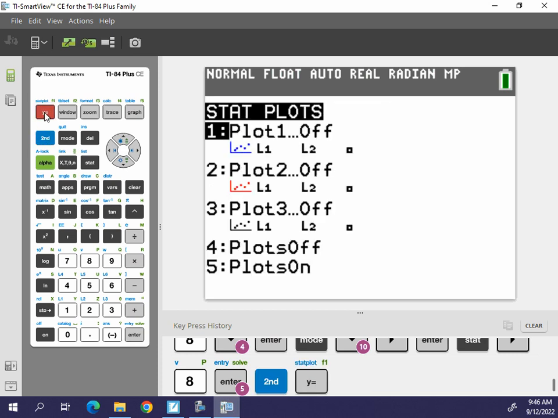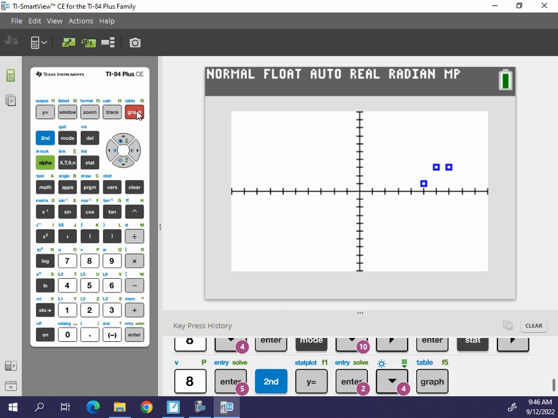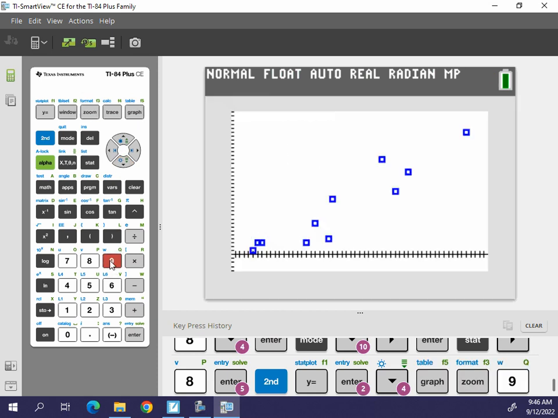So if I hit second y equals, and I turn my first plot on, and I choose this first option, the dots, and I keep my L1 and L2, and then of course I always zoom 9, I can look at the scatter plot of my data. And what I want to do is try and describe this data.